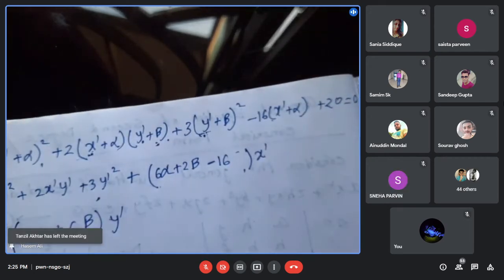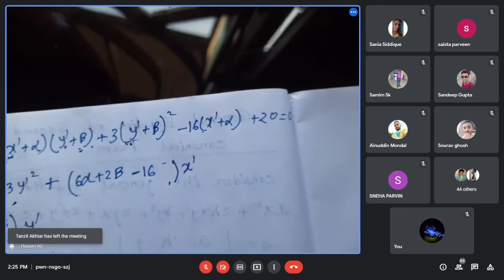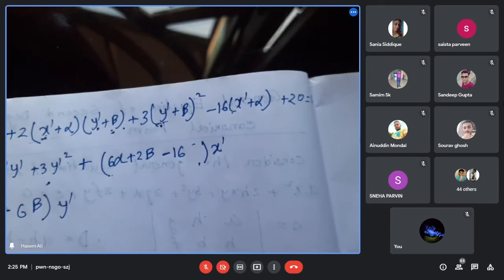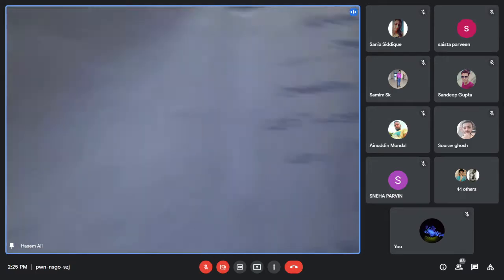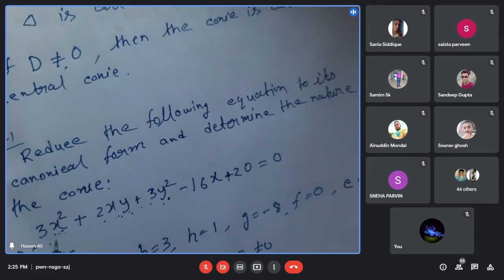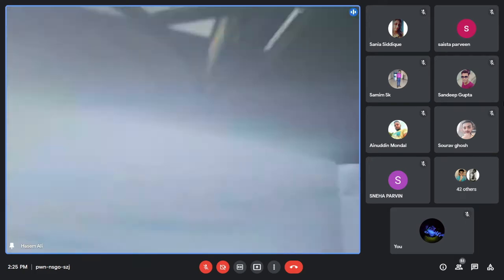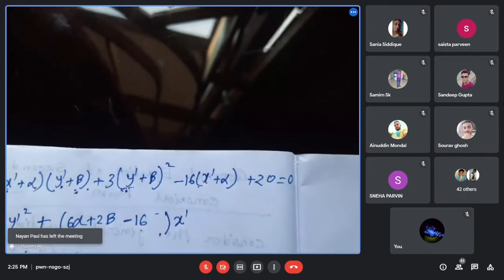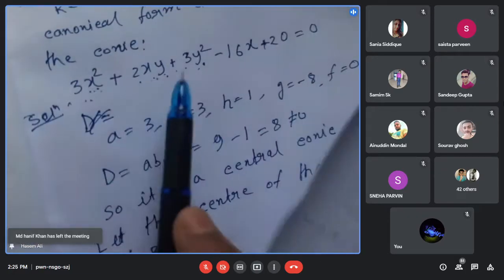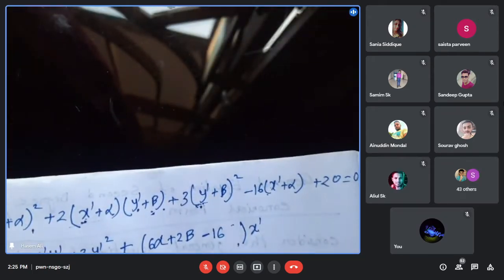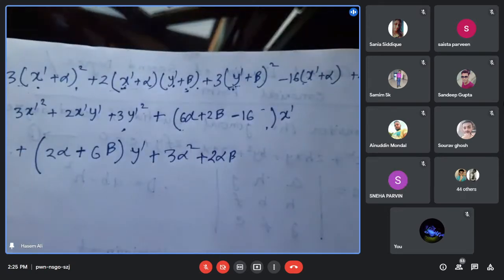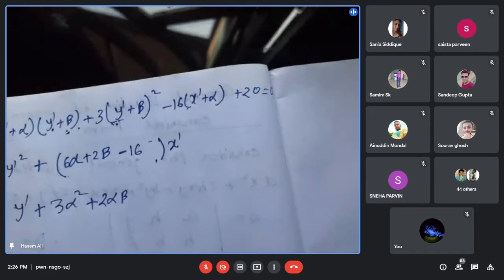And now the constant term. It is very easy. The constant term will be, see this. Here 3x square, so in this equation it will be 3 alpha square. Now here 2xy, so the constant term will be plus 2 alpha beta. That means alpha instead of x and beta instead of y in the previous equation, all the terms will be the constant term.